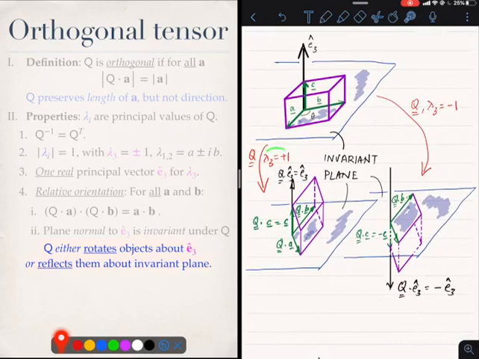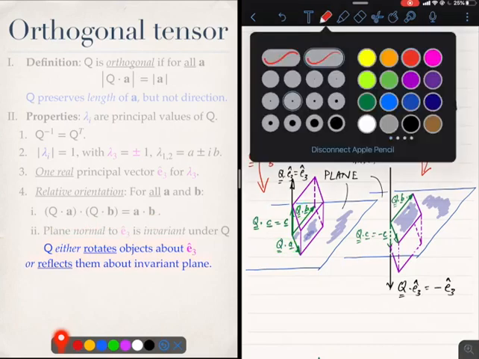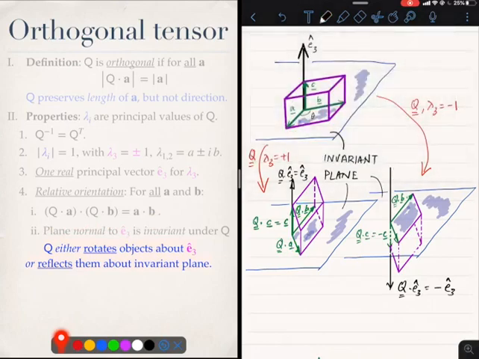So if I have lambda 3 is plus 1, then, well, we know from here that the relative orientation of A and B can't change. So A and B simply swing and become QA and QB, and this angle remains theta. Okay.